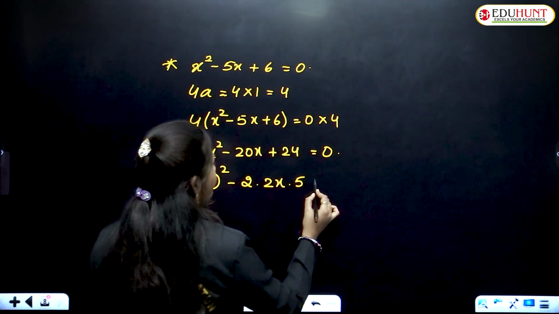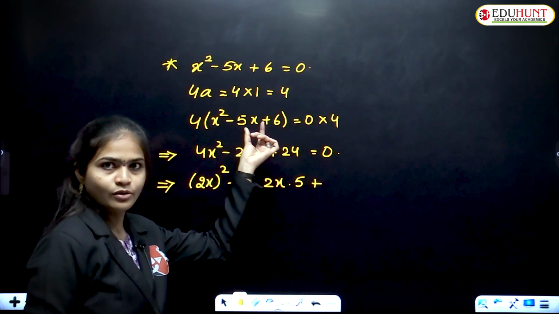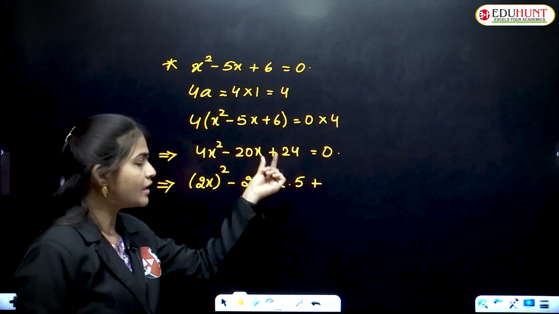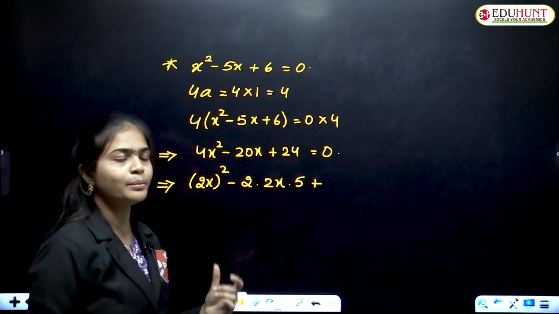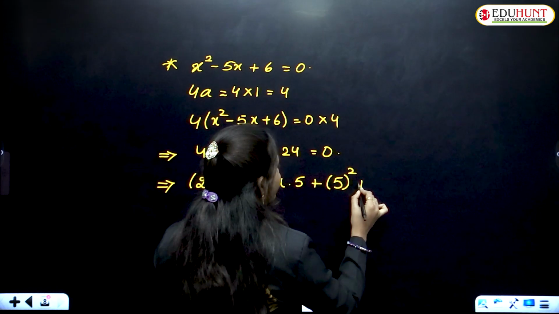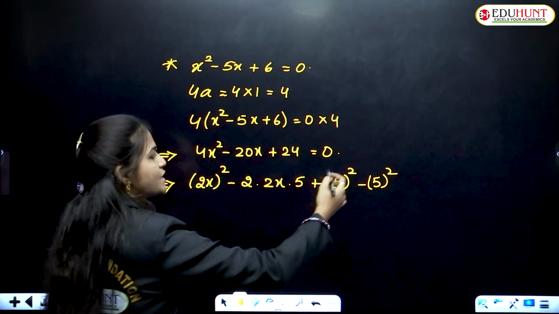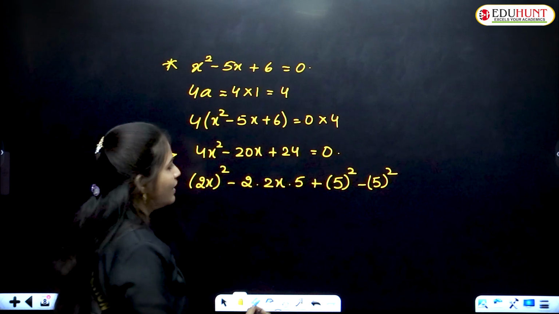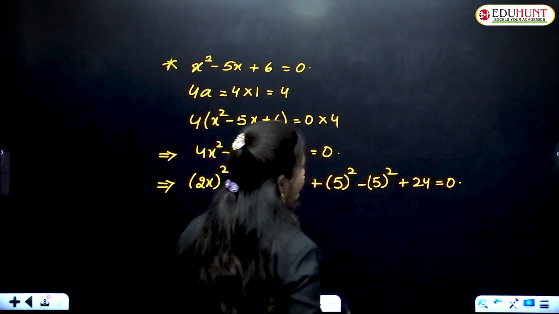Clear? Plus, here what I told you is that the b term is always missing. In that method also I told you that. So here we have to add the b term and subtract the b term. So b whole square is 5 square. So plus 5 square minus 5 square gets cancelled, plus 24, which is equal to 0.